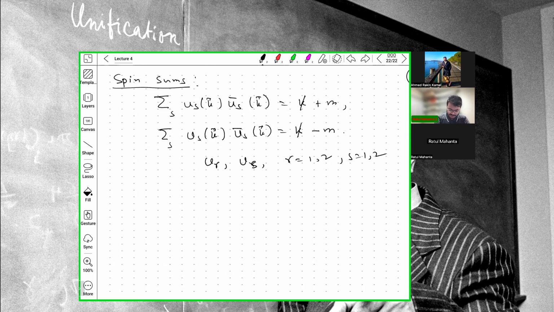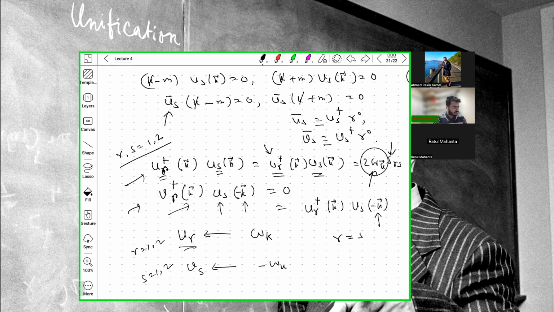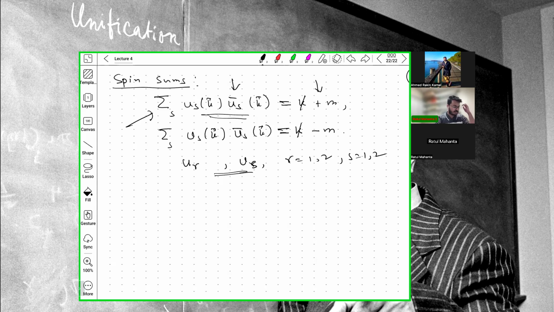So these are the bases. You can apply this relation on the basis and see that both sides behave similarly. They give the same number. And if an operator acts on the basis element in the same way, then you can have the equality. So that way you can test this spin sum, but you have to use this normalization. They are really specific to these normalizations.